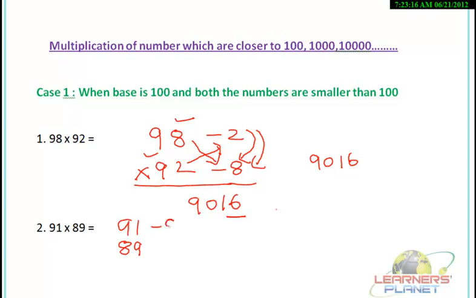It's minus 9 from 100, it is minus 11 from 100. Now from the multiplication of these two numbers, 11 into 9 is 99, and from the cross subtraction, either 89 minus 9 or 91 minus 11, we'll get 80. So the multiplication of 91 and 89 will produce 8099.